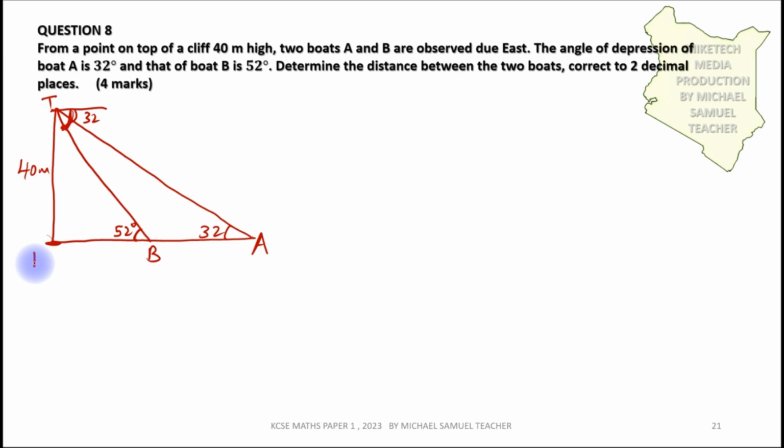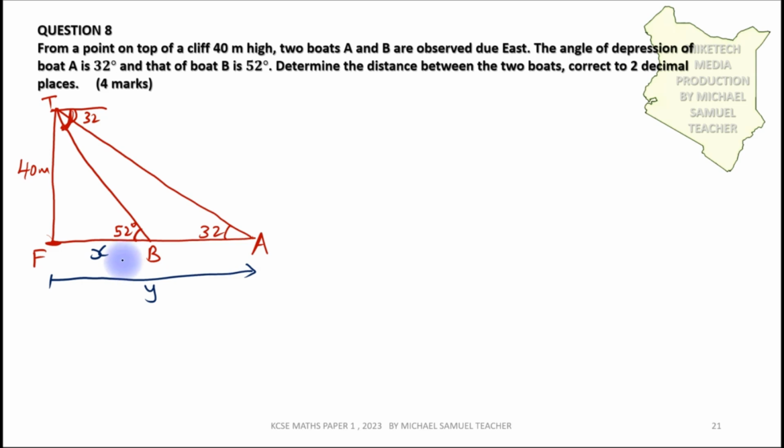So from the foot of the cliff, we let this distance of B be x meters, and A be y meters from the foot of the cliff.